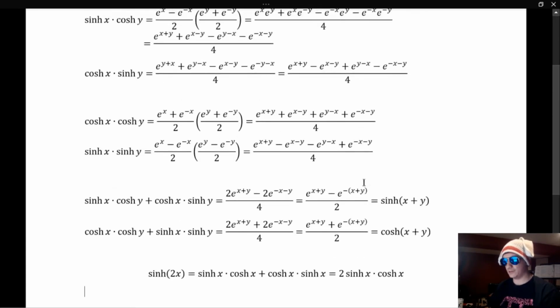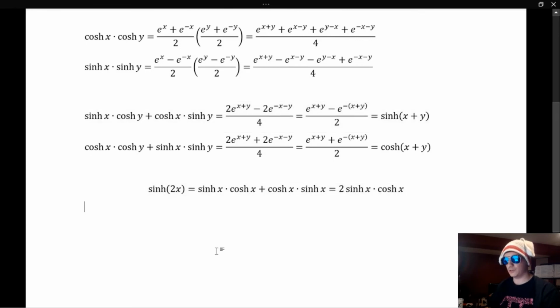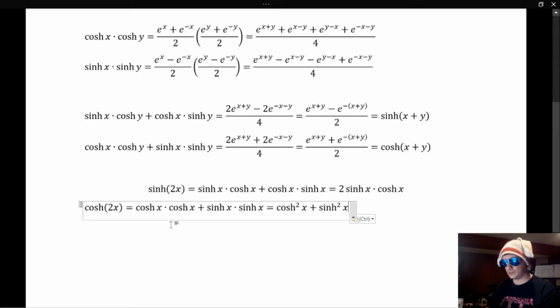And in fact, a lot of these are very similar. The only difference is you're adding these two instead of subtracting them, which is what you would do for the regular trig functions. Anyway, cosh of 2x equals cosh of x times cosh of x plus sinh of x times sinh of x, which is cosh squared x plus sinh squared x.